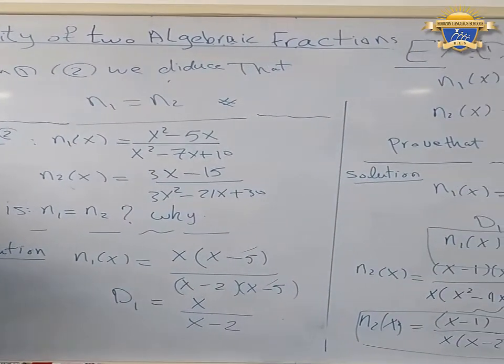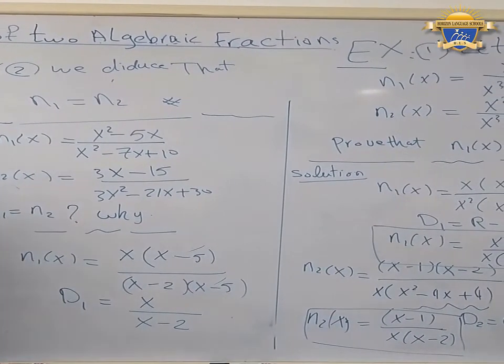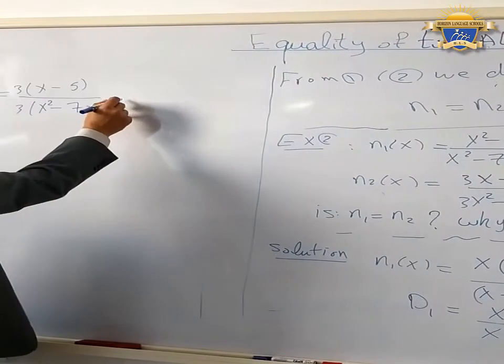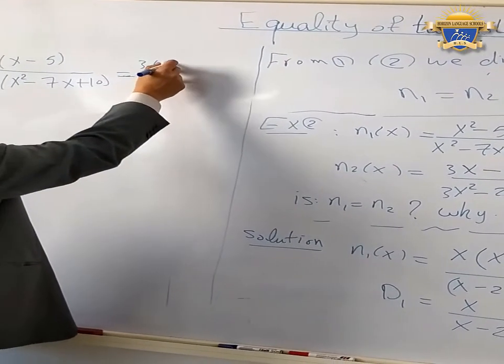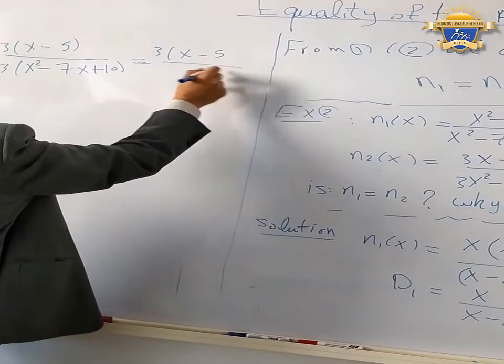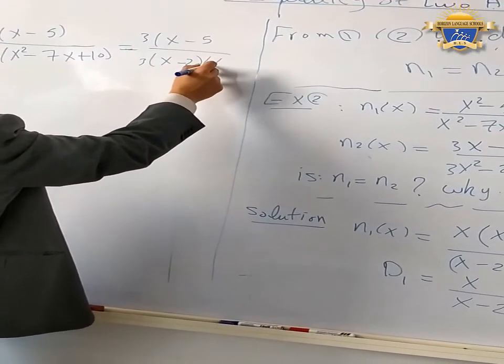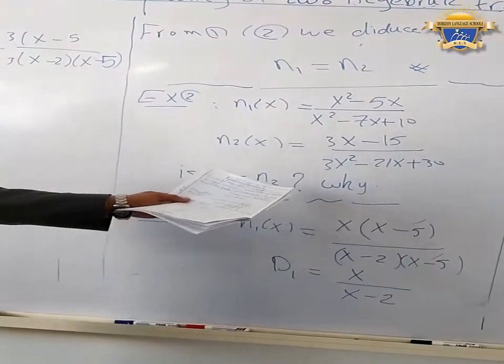And the remainder is x squared minus 7x plus 10, equals 3 times x minus 2 times x minus 5, as the previous expression.